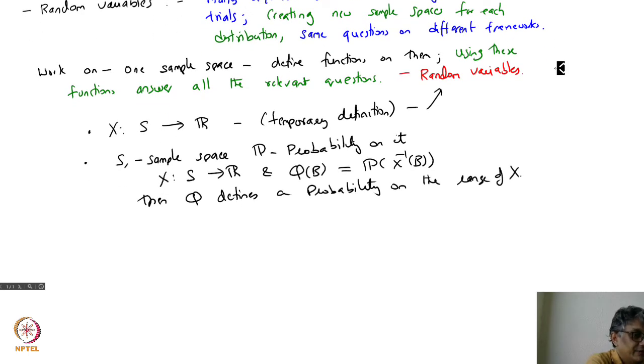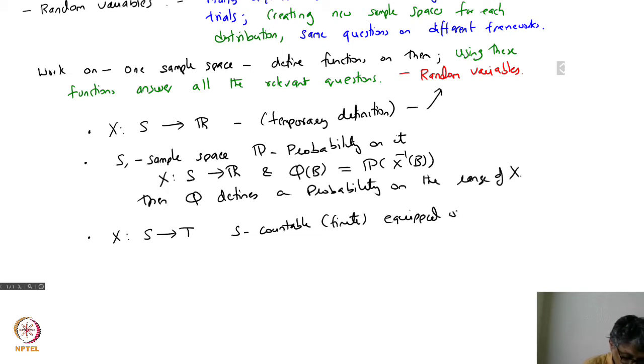Then we came to the idea of what a discrete random variable was. So we said a discrete random variable X is from S to T, where S is a countable or finite space equipped with probability, and so is T. T is also countable, of course.